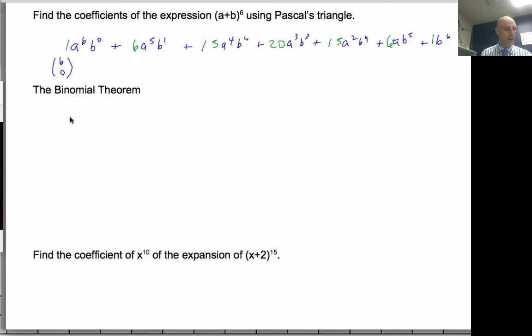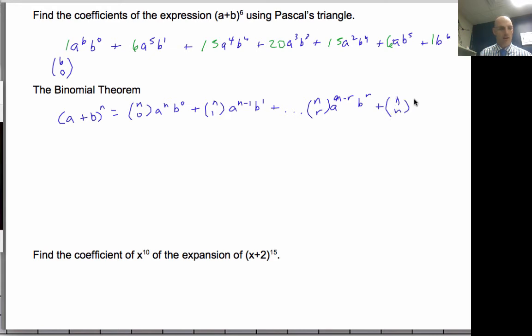Binomial theorem just says that if I have an expression a plus b to the nth power, it's equal to nC0, so whatever my exponent is, C0, a to the n, b to the 0, plus nC1, a to the n minus 1, b to the 1st, plus dot, dot, dot, n choose r, a to the n minus r, b to the r, plus nCn, b to the n.